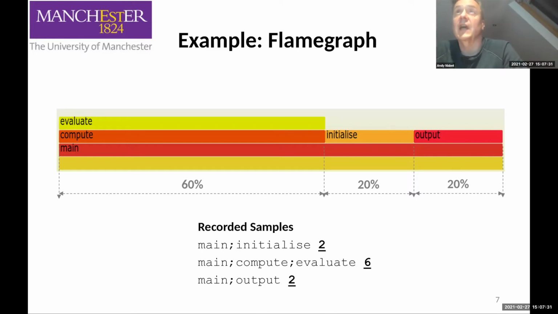They allow us to characterize the execution, not just what is happening in the application, but also even extending to the OS. So in this example, we can see that 60% of the column width is given over to the evaluate call stack, and that happens to correspond to 60% of the time. So let's look at a real example collected using the OS perf mechanism.